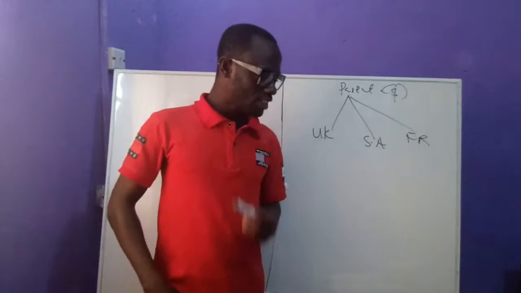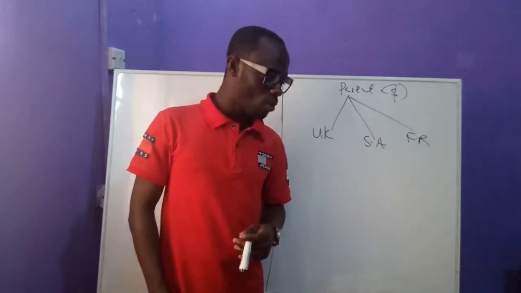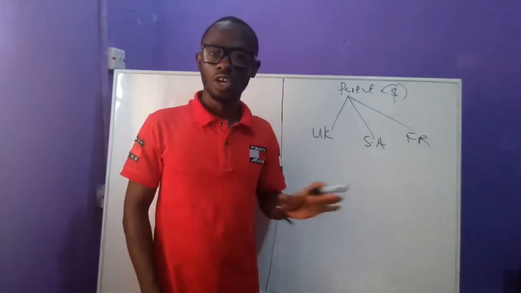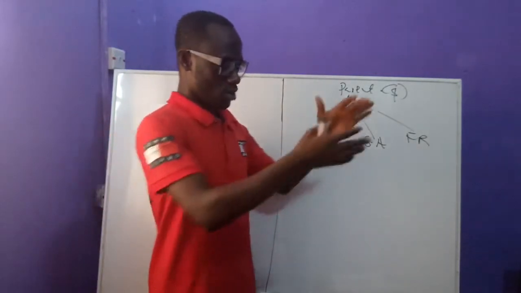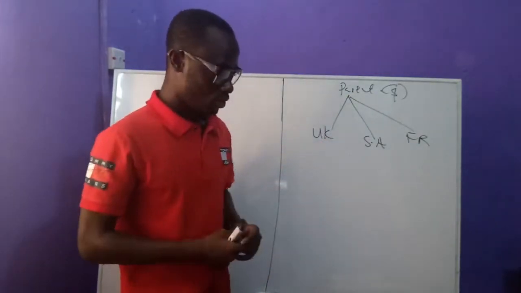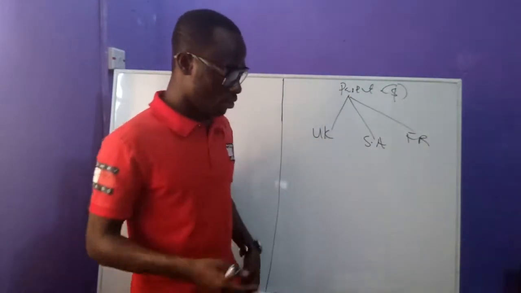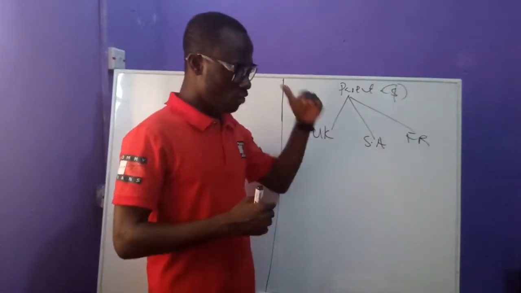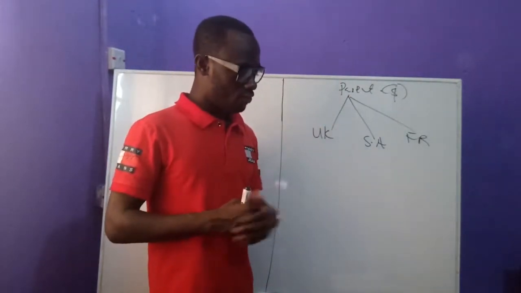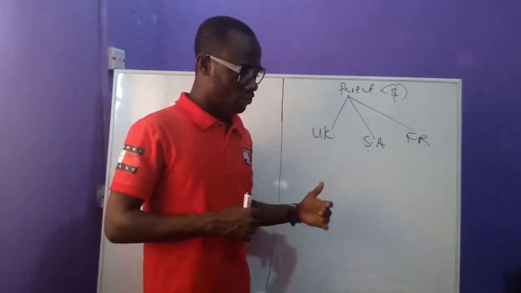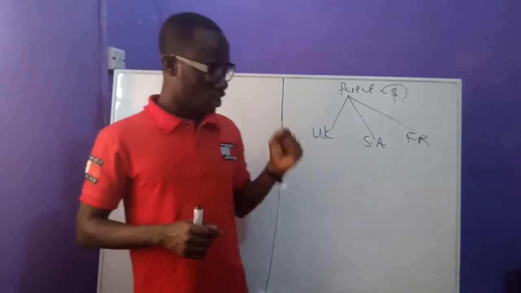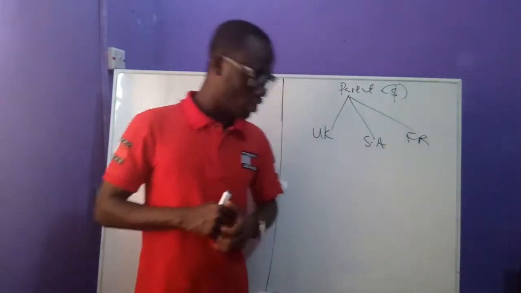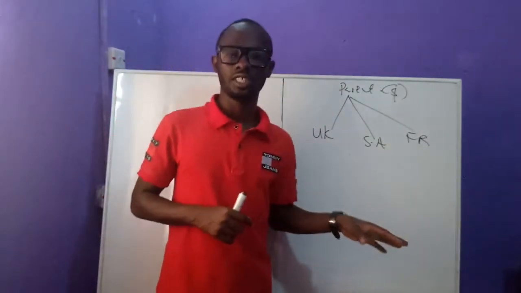Then we are told that as of 31st December, the intercompany balances were as follows. So we've been given the intercompany balances, receivables and payables. Under the receivables, we have UK, France, South Africa. Under the payables, we have South Africa, France, South Africa, UK, and France. So what does this mean?